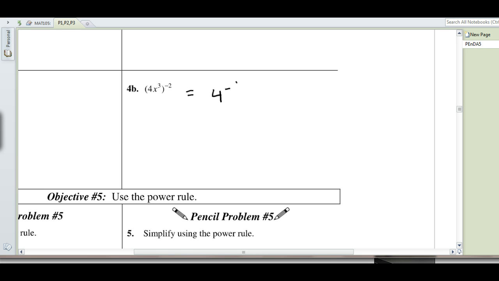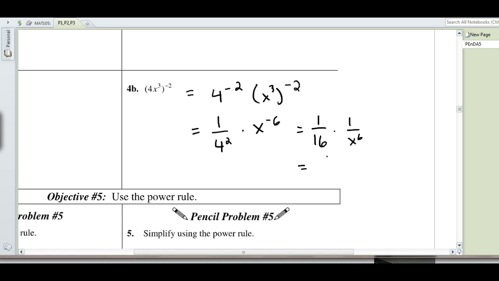So we have 4 to the negative second power, and then we also need to raise the x cubed to the negative second power. 4 to the negative second power we know is 1 over 4 squared, and for the second part we need to multiply the exponents, so x to the negative 6th. So we end up with 1 over 16 times 1 over x to the 6th. Since we have two fractions and the tops are 1, we can just multiply and write this as 1 over 16 x to the 6th. And notice all of our exponents, just the 6, is positive.